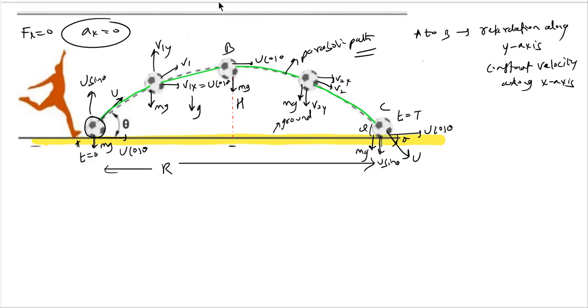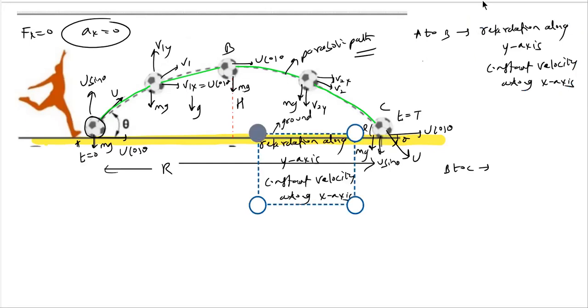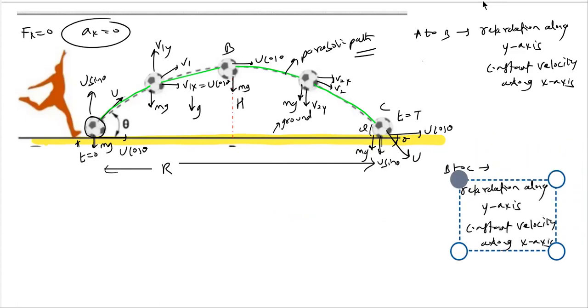Then from B to C, acceleration along the y-axis, so here the velocity keeps on increasing.